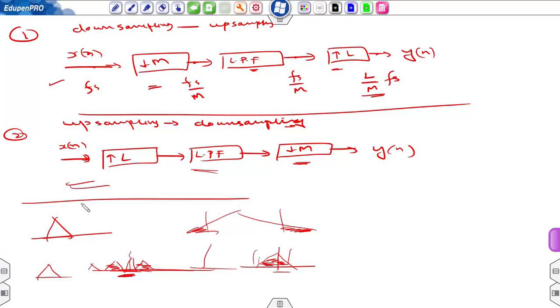In the first case, first it spreads, then we filter, so information will be lost, and then it shrinks. In the other case the information loss is much less, and the corner frequencies will be less rejected. So this combination is more suitable, and information reconstruction is better. The first combination is not recommendable; this one is recommended.